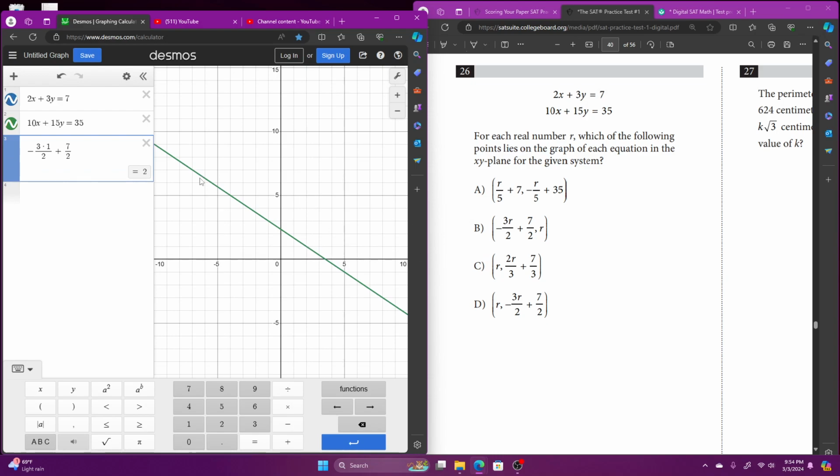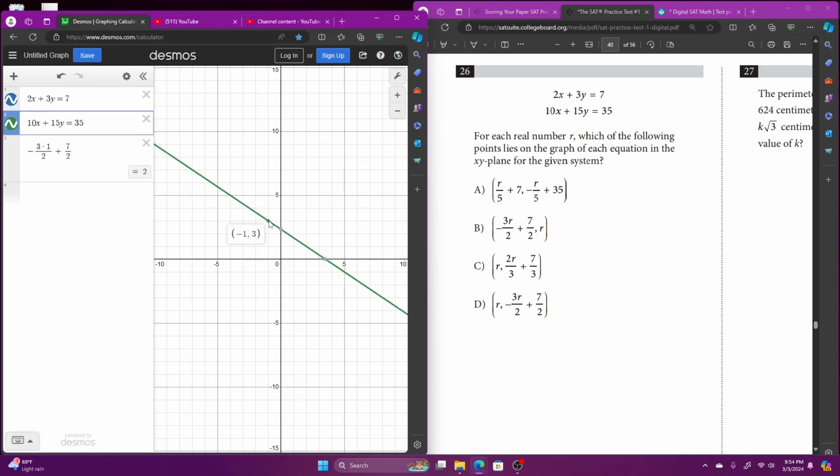B is correct for when y is 1. Where's another one that's in a corner right here?